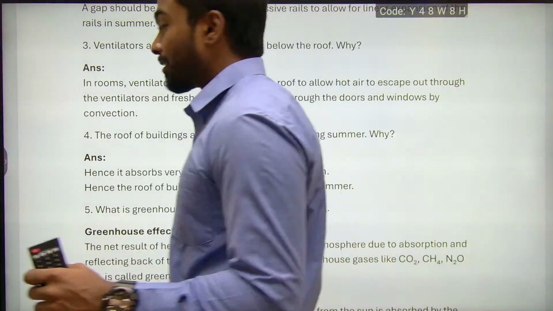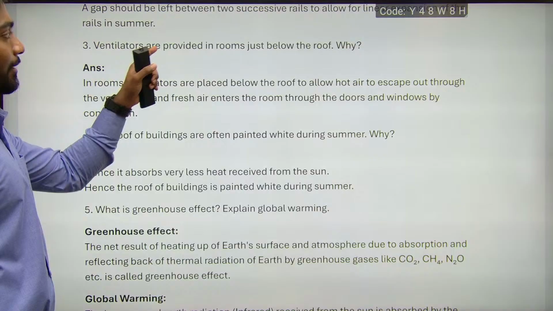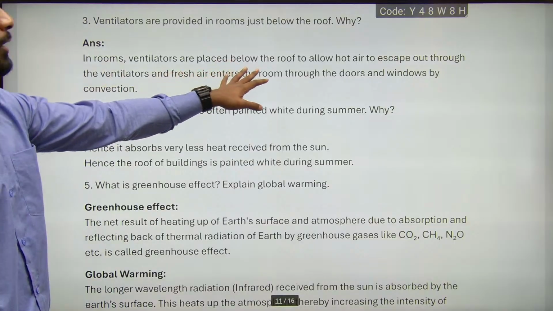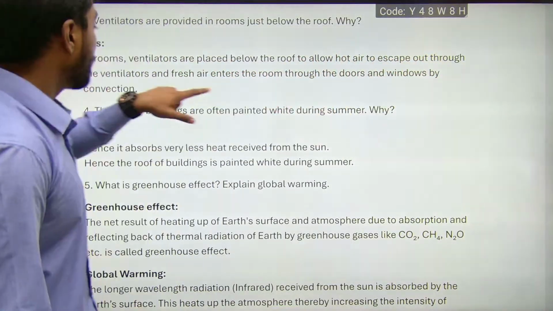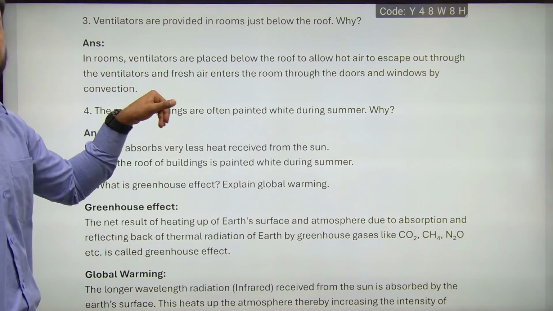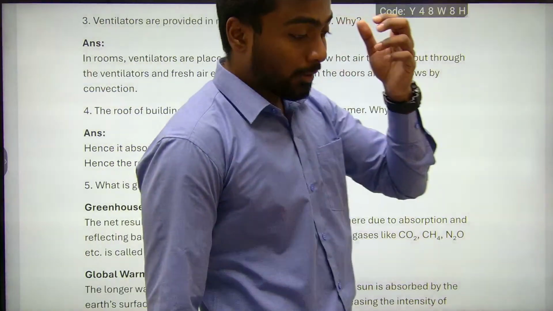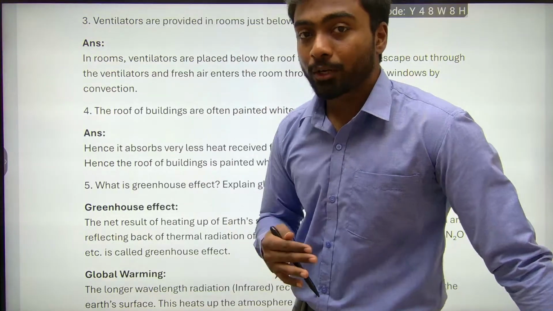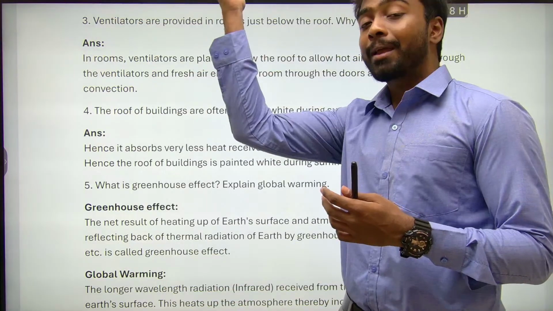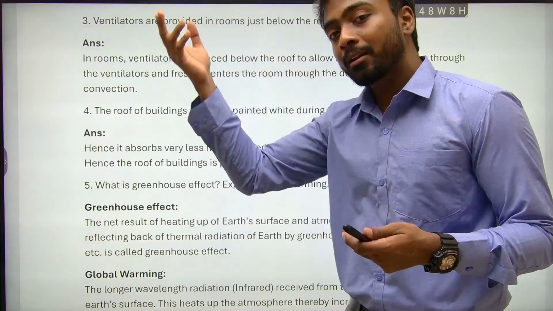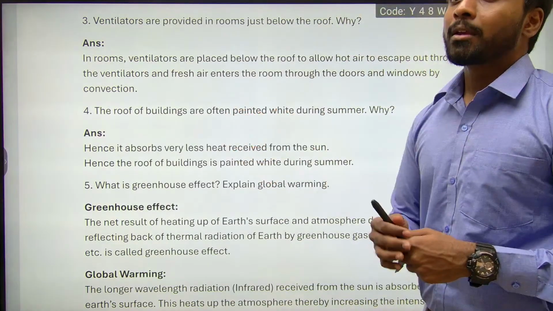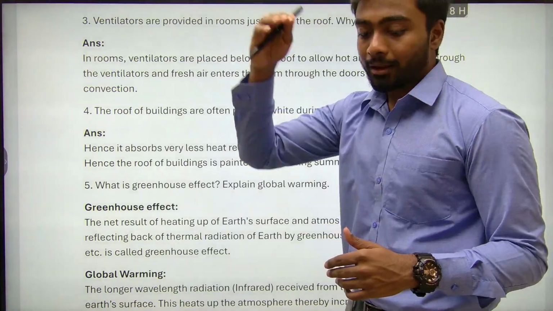The ventilators are placed below the roof to allow hot air to escape through them, and fresh air enters the room through the doors and windows by convection. Here we are talking about high density and low density. The low dense particles will be high and the high dense particles will be low.